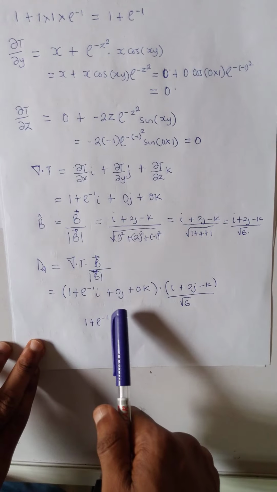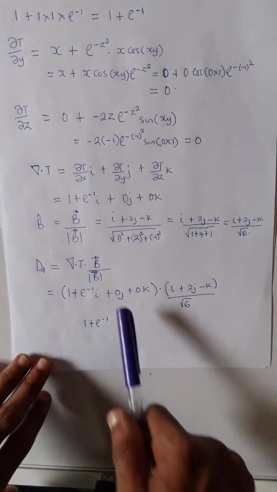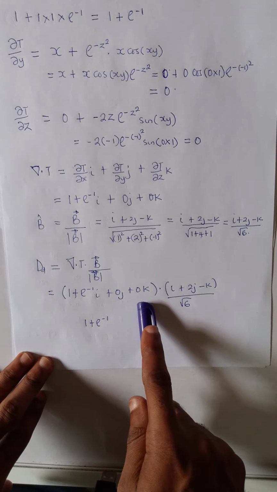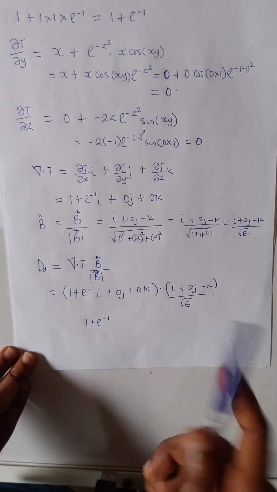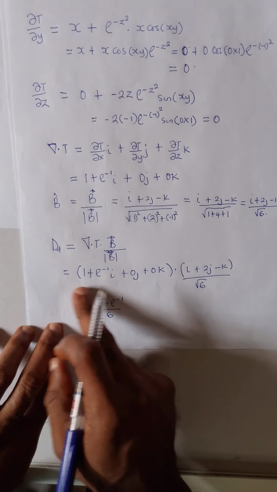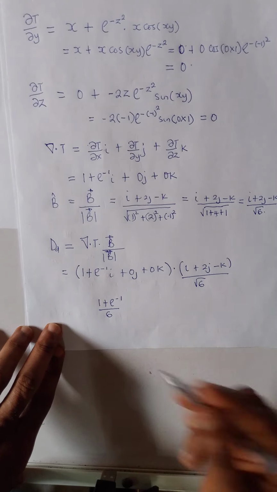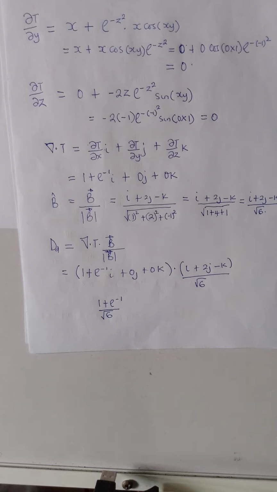And then we know that 0 times 2 is 0 for the j, and 0 times minus 1 for the k is also 0. So everything will be divided by root 6.